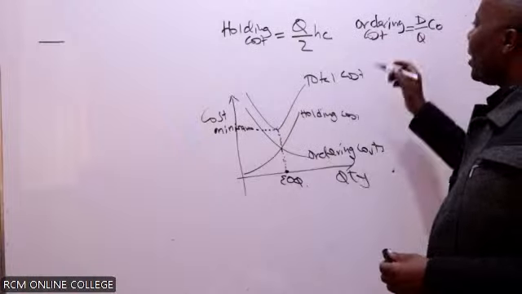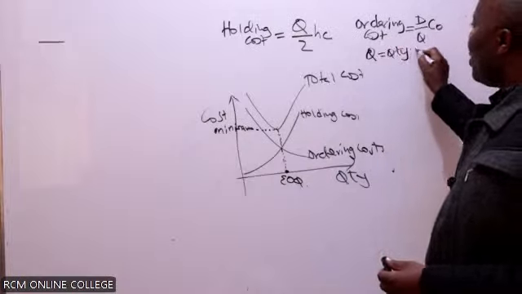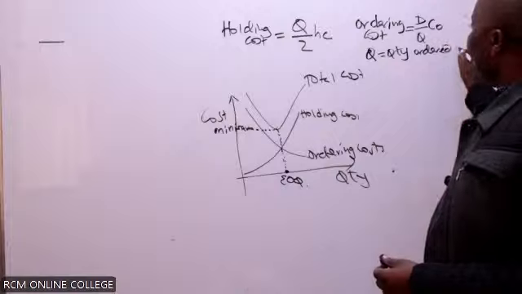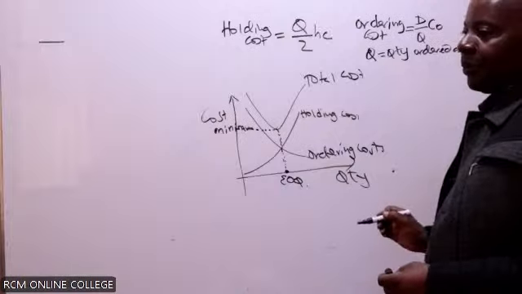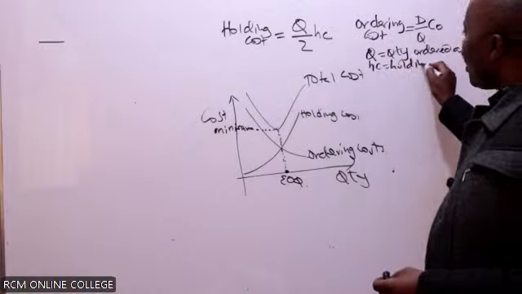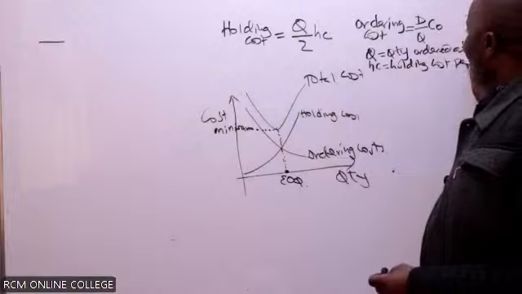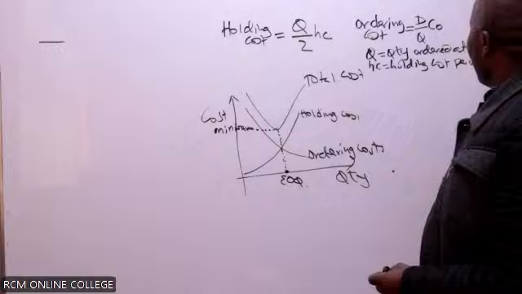So remember that Q is the quantity ordered at a time. HC is holding cost per unit per year.